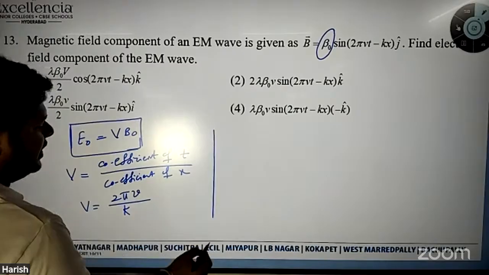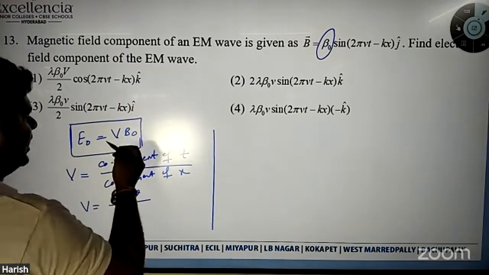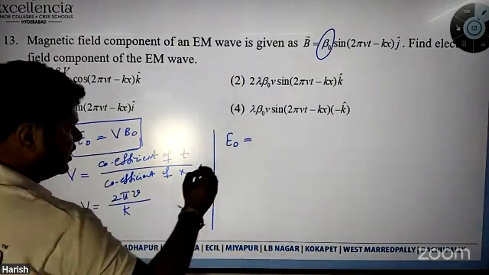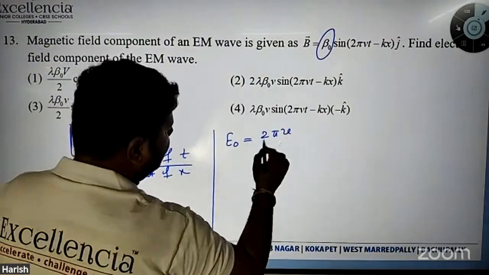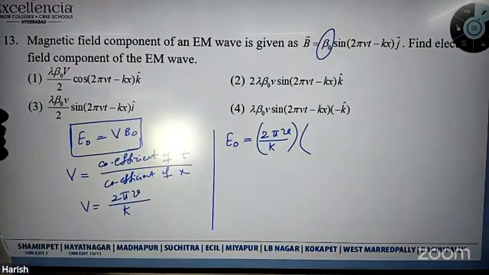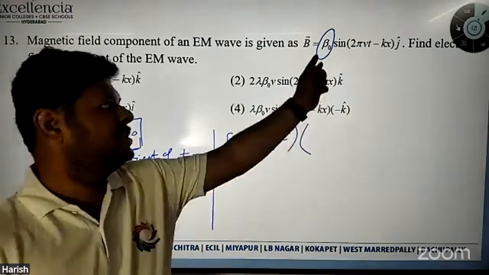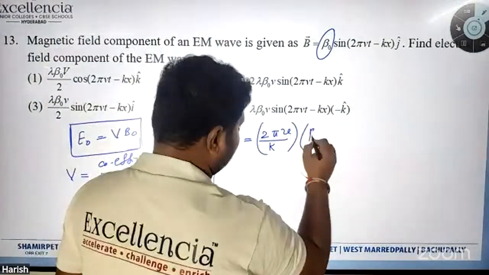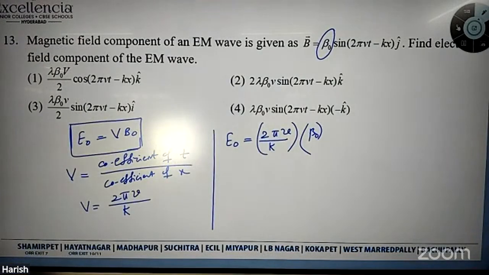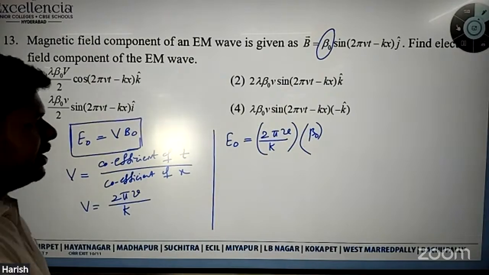So let us find E_0 now by substitution. E_0 will be equal to the speed I got, 2 pi mu by k, into B_0, which is nothing but the maximum magnetic field. So I got E_0. Now substitute the k value also here, which is 2 pi by lambda.